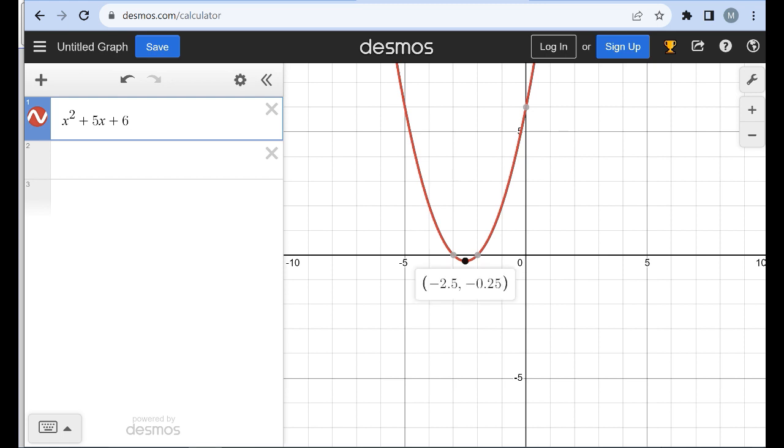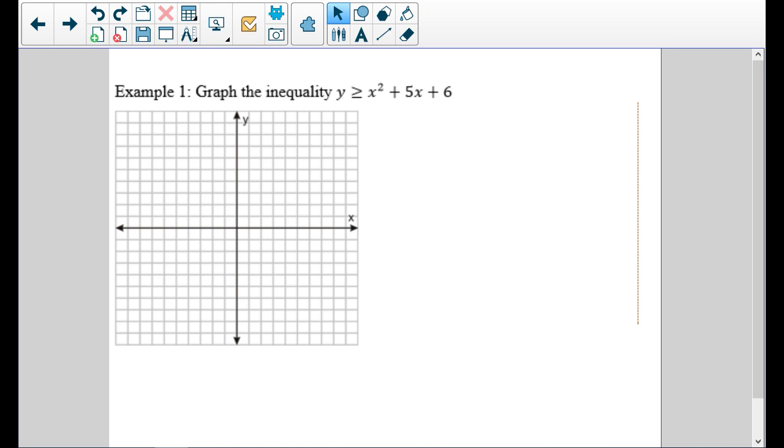We can see some solid points here. Negative 2.5, negative 0.25, that vertex point. You can see the y-intercept here is 6, and the x-intercepts are negative 2 and negative 3. So those are the points I want on that graph. Okay, so let me go back to my graph and put those points on there.